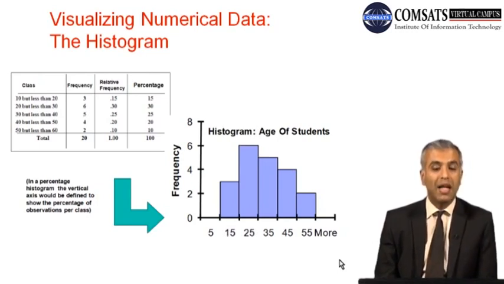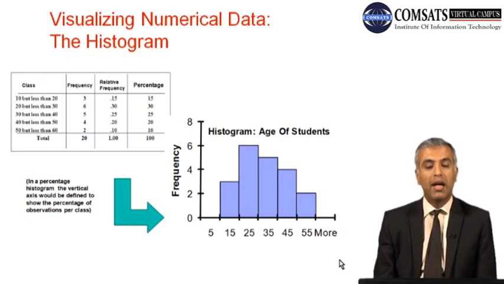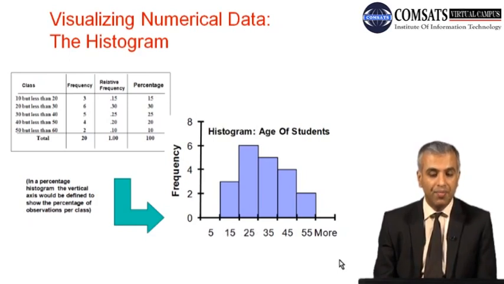Once we have calculated all the individual relative frequencies, we can add them up to get the final value of 1, and the relative percentage can then easily be calculated by multiplying the relative frequency by 100. So the percentage is given here.